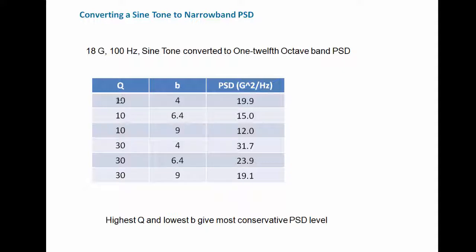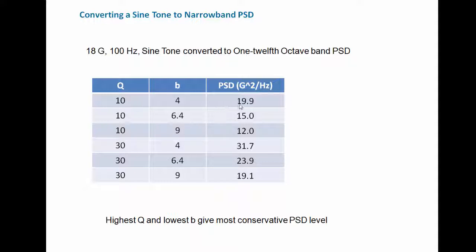For the Q values, Q can either be 10 or 30. And again, this is for an 18G 100 Hertz sine tone converted to a 1/12th octave band PSD, where the center frequency of that band is at 100 Hertz. And then for each of the two Q cases, I had B equal to 4, 6.4, and 9. So I've got 6 permutations.